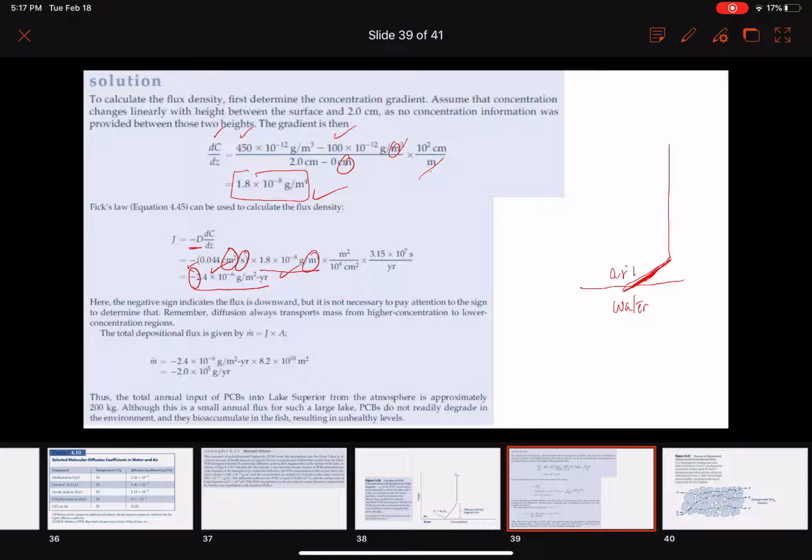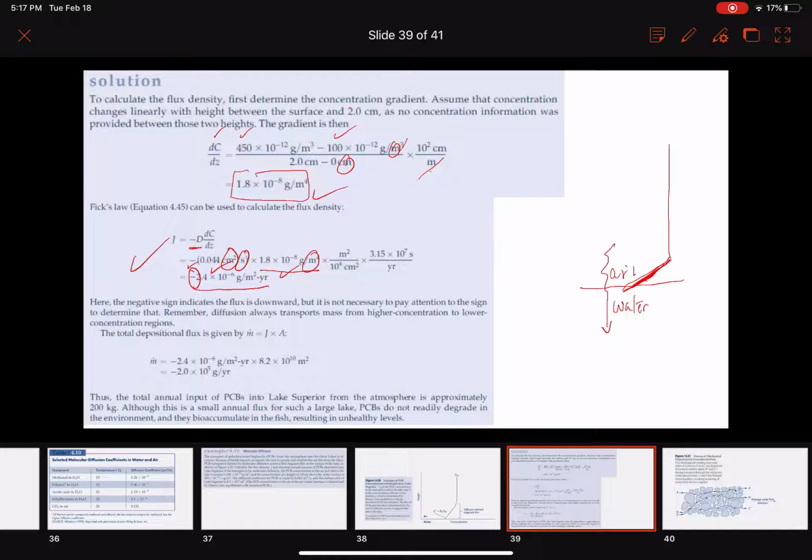And look at this flux: if it's a minus, it means it's going downward, toward the water from the air. If it's plus, it's going the other way. So this is the downward flux. This is the first part of the problem.